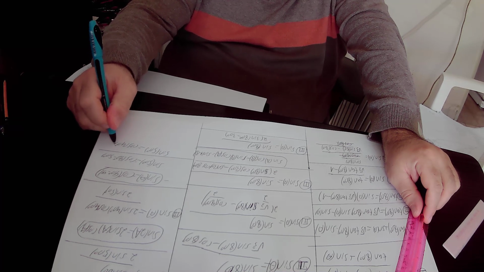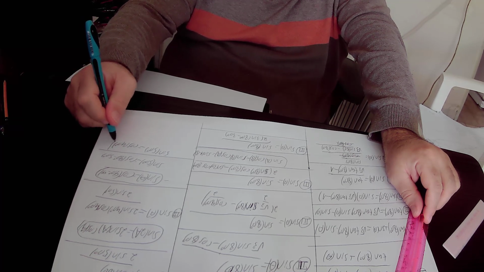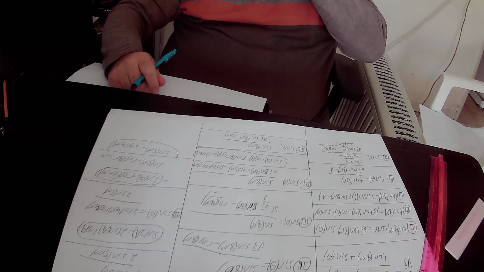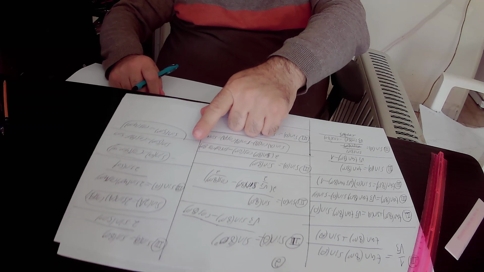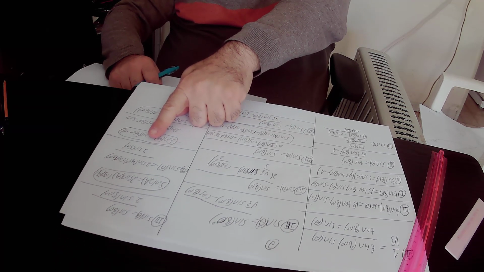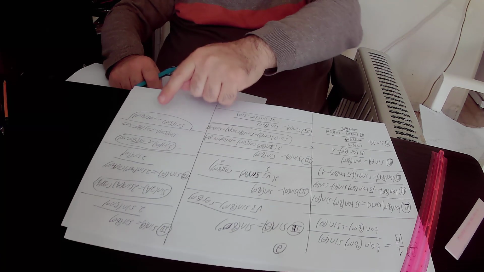In conclusion, we found out that sine 50 degrees equals cosine 40 degrees. Therefore, we can substitute sine 50 degrees in the denominator of this equation, equation number 3, by cosine 40 degrees.